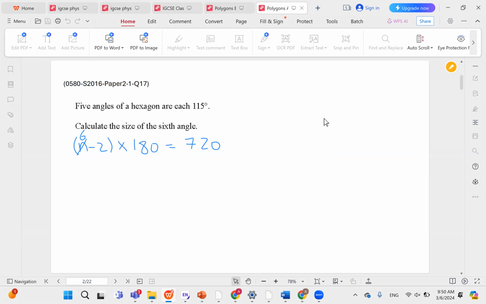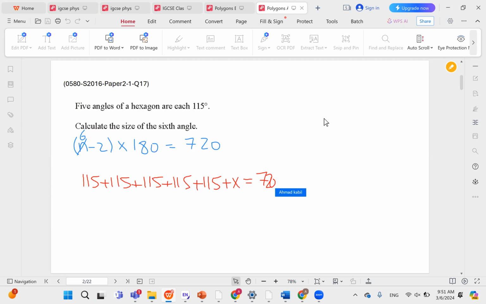So what we need to do now is simply to add them up together. So we have 115 plus 115, 5 times like this. And then the sixth angle is x, and the sum of these angles is 720.